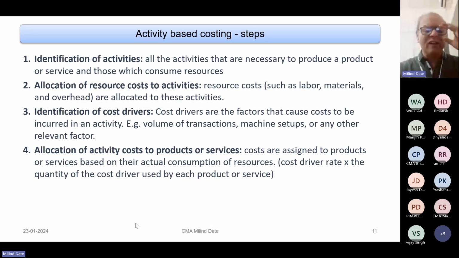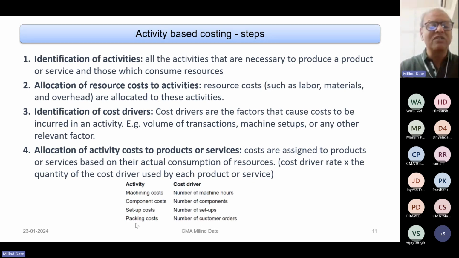I'll quickly give you one example of activities and related cost drivers. For example, machining costs could be based on number of machine hours. Now, you need not use machine hour as a rate for the entire machine shop. No, only machining cost based on machine hours. Component costs would be based on the number of components that an activity would use.